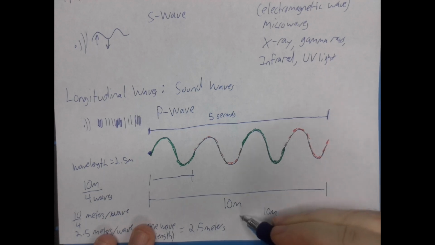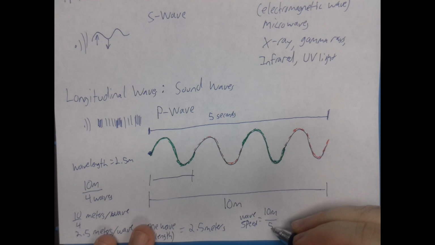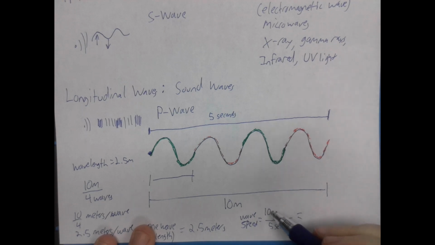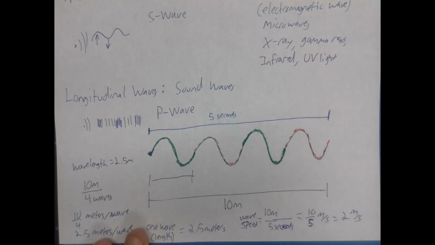The wave speed took 10 meters in 5 seconds. So that means its speed is 10 divided by 5 meters per second, which would be 2 meters per second. It traveled a distance of 10 meters in 5 seconds.